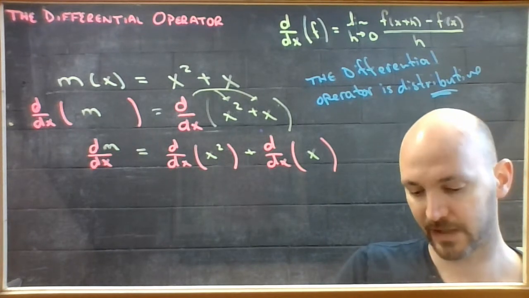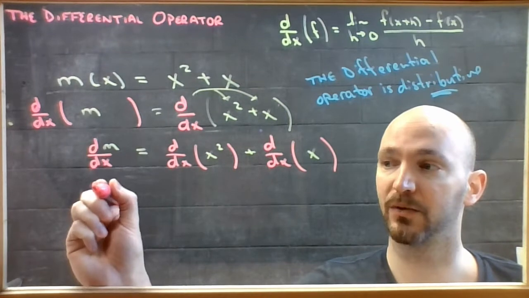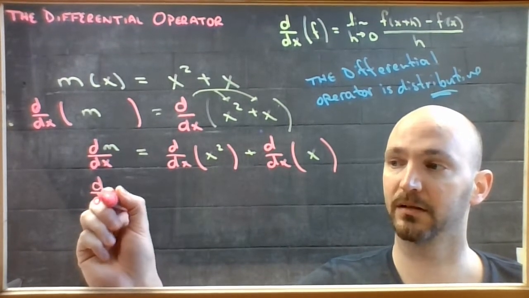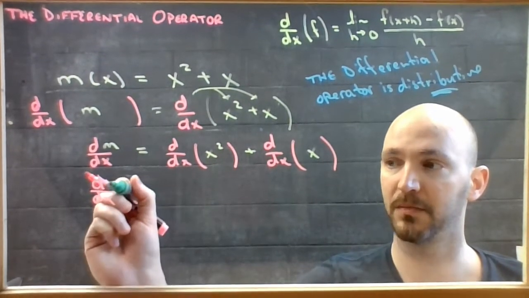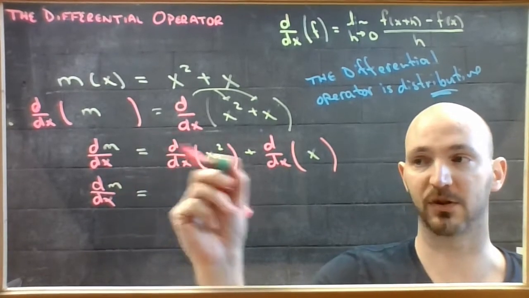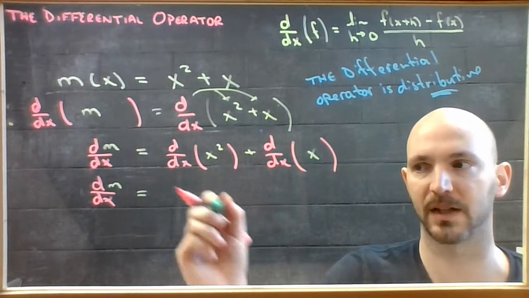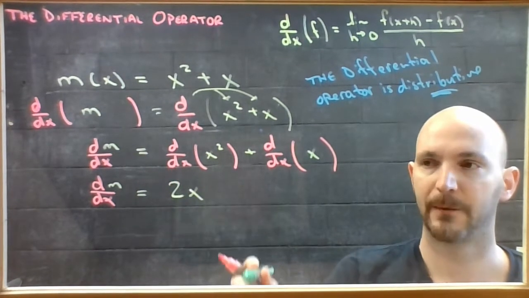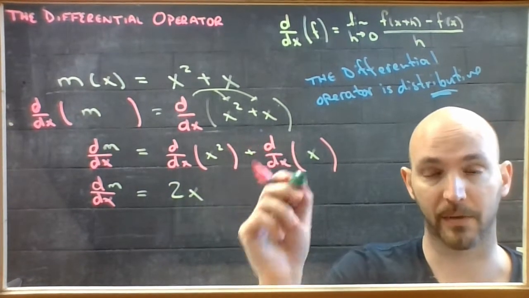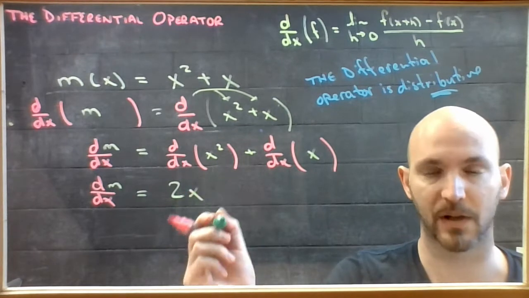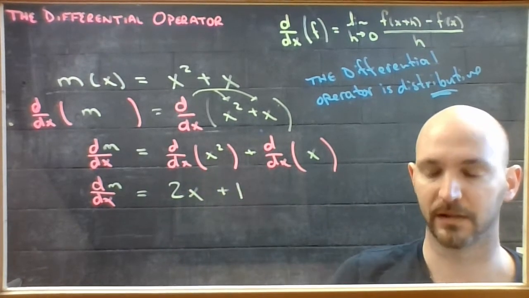And so now that I've got that done, I can see that the derivative operator acting on M is just the derivative operator acting on x squared. And I already know the answer to that. It's 2x plus the derivative operator acting on x, which I already know is 1.